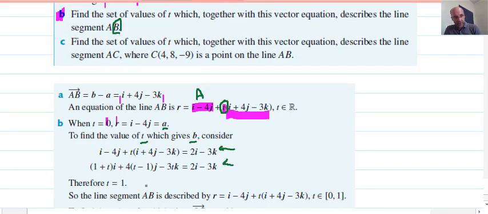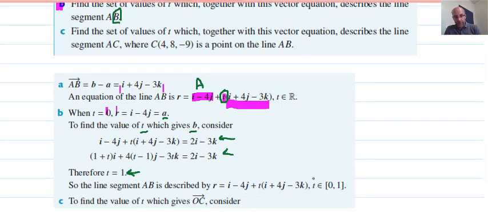With a little bit of thinking, we can find that the answer is t equals 1. So the interval that it relates to is all values inclusive from 0 through to 1 will satisfy that. They'll be all the points that make up the line segment.